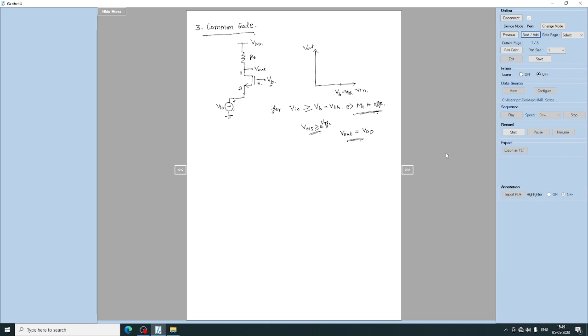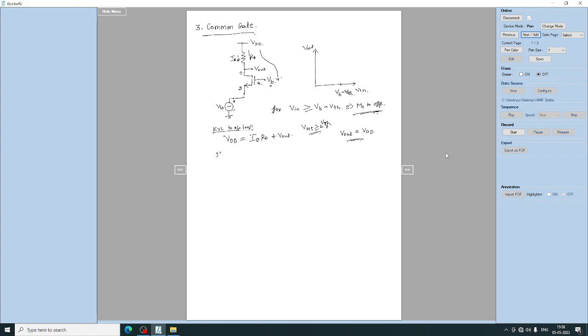If we apply KVL to this output loop, this is one branch and this is another branch, VDD is distributed across ID RD plus V out. This is the current ID flowing through RD and V out.